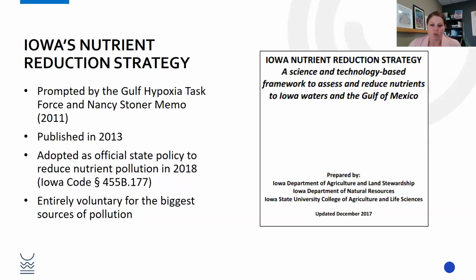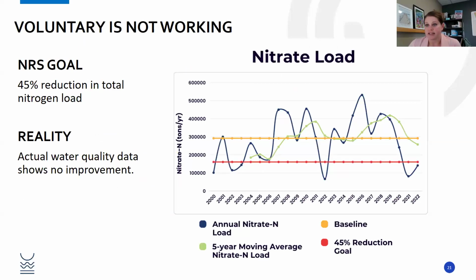What we found is that this voluntary approach is not working, and voluntary has been the approach for addressing this pollution even before the nutrient reduction strategy was implemented. So long term, overall, we're not seeing a change in the nitrate load that is leaving the state of Iowa. And so we really believe that we need more than voluntary solutions to addressing this problem.